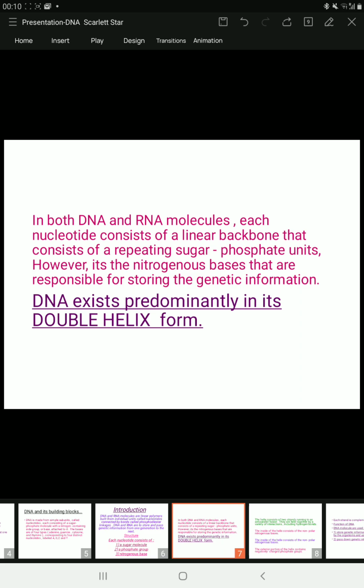So in bacteria also this genetic information is passed like that. DNA exists there, but their DNA is not a double helical structure.